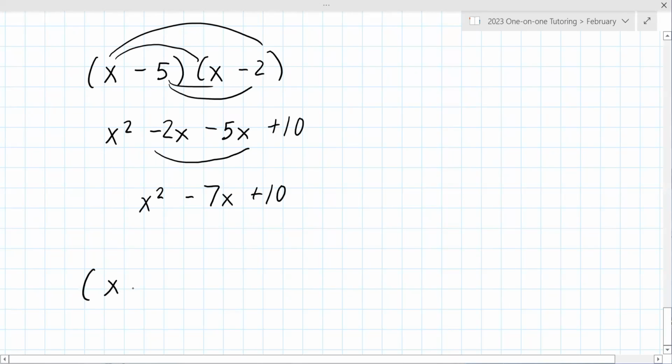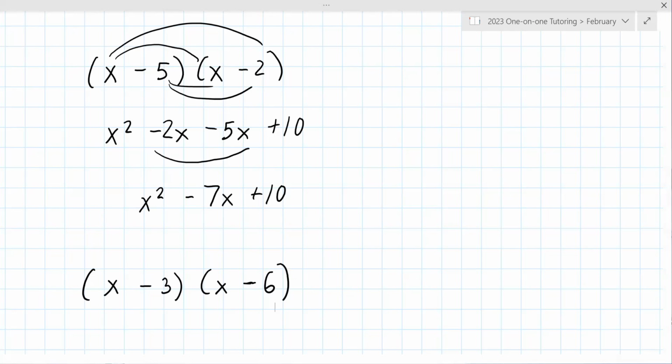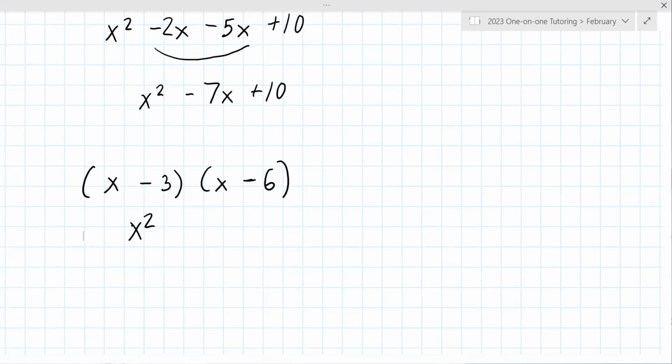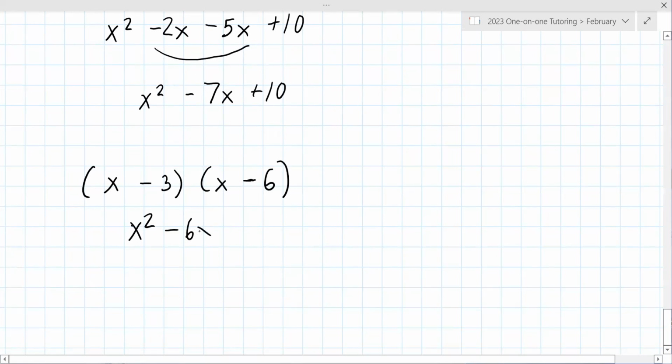Let's go x minus 3, x minus 6. So another x squared, right, to start? That's right. And then negative 6x. Okay, good. Or, yeah, outer.